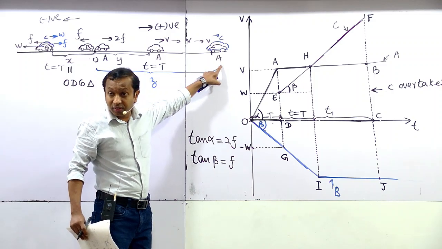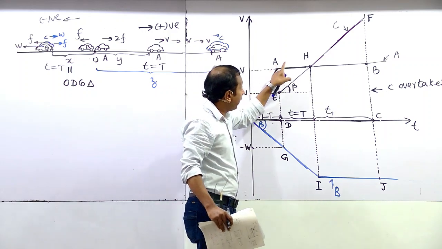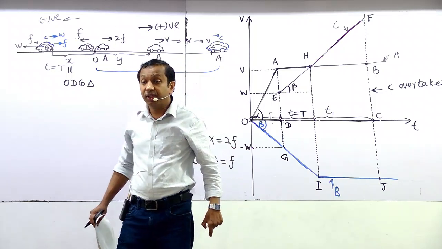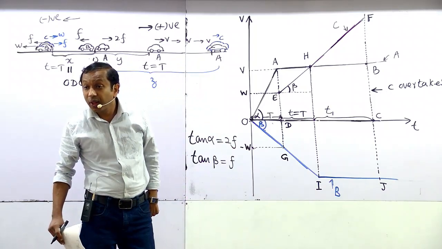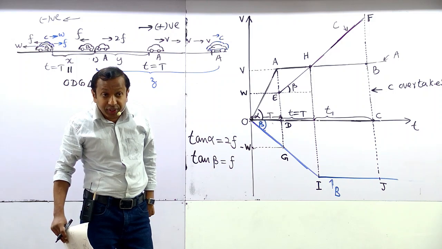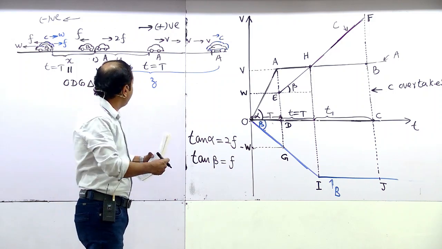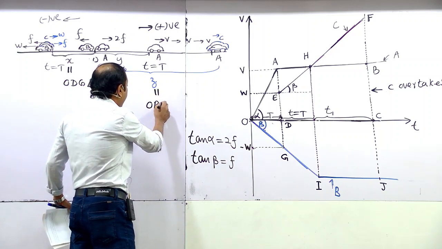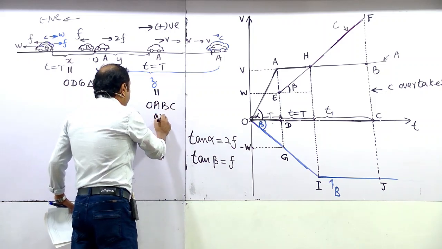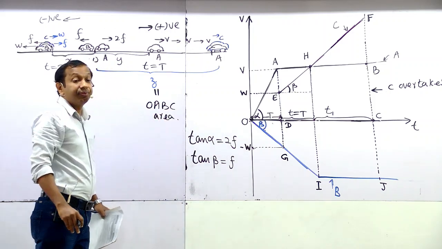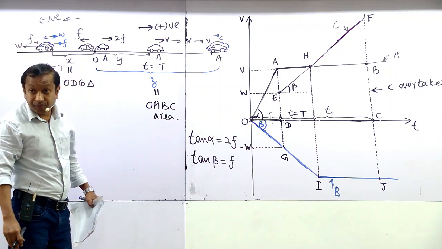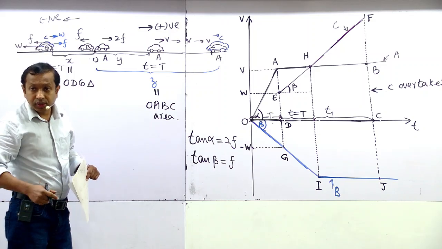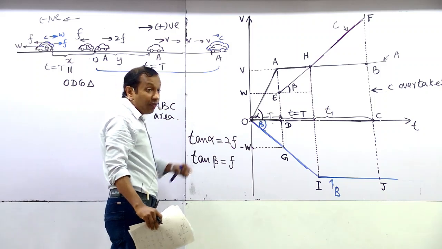The OABC area is the displacement traveled by A just before it is overtaken by C. Then Z is given by the OABC area. Am I correct? Yes.